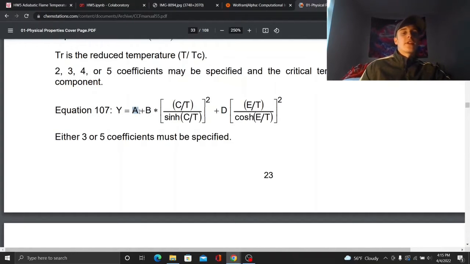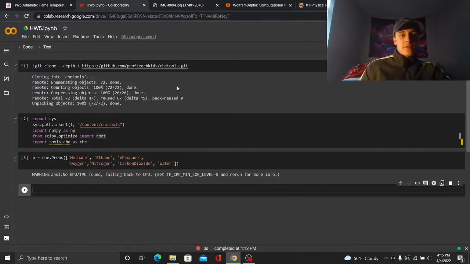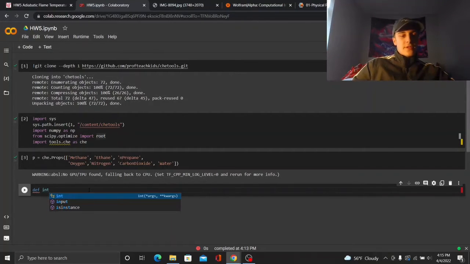So to start off, we're just going to integrate A with respect to T. It'll just be AT. So we can put that in here. We're going to first define a function, and we're just going to call it integrate CP, and it's going to be with respect to the temperature.